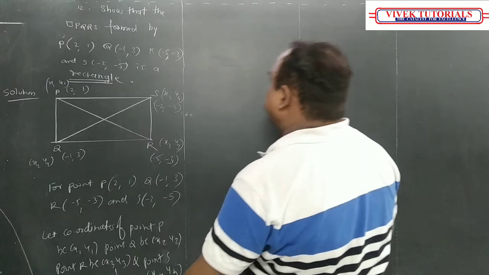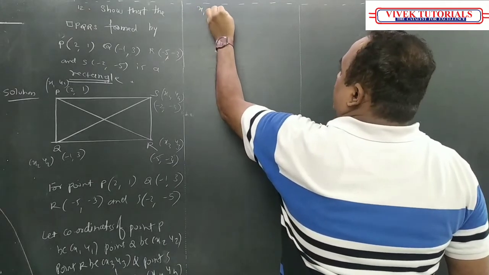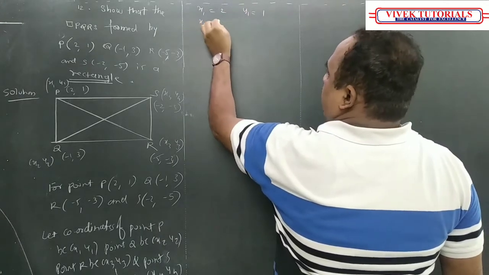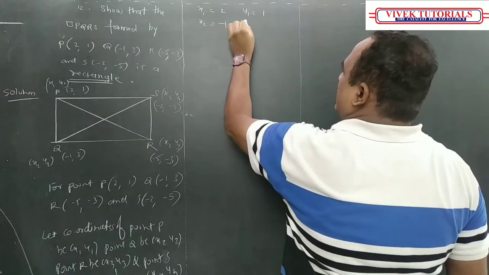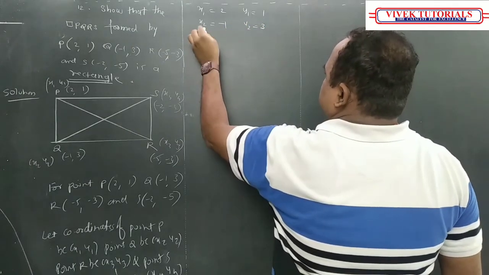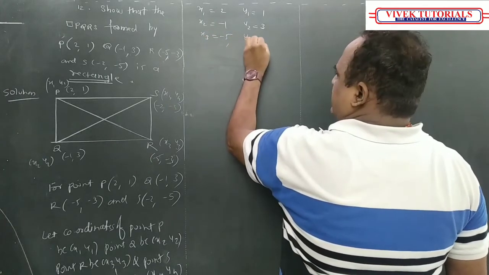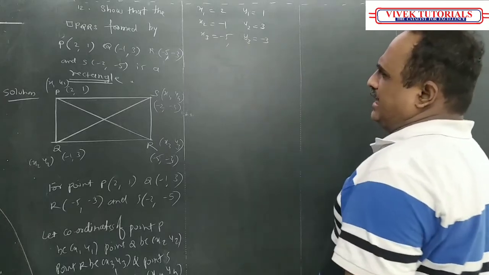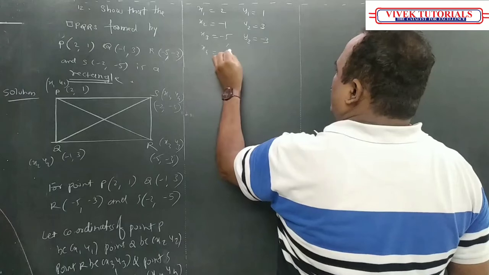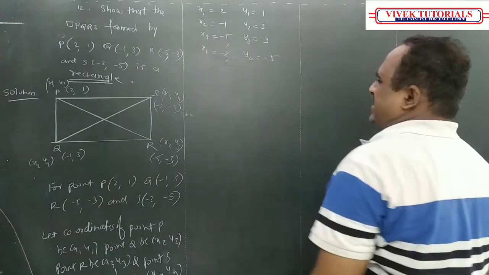So what we are getting is x1 equals 2, y1 equals 1, x2 equals -1, y2 equals 3, x3 equals -5, y3 equals -3, x4 equals -2, y4 equals -5.